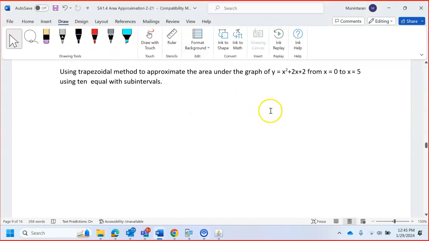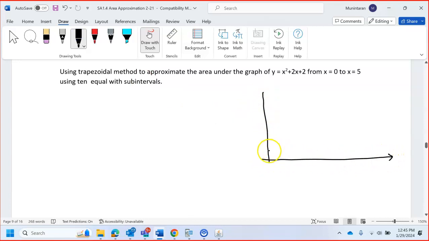Okay, let's do the simple sketch. The sketch will be 0 to 5. But we're going to have 10 slices. You're going to slice it into 10 different pieces.